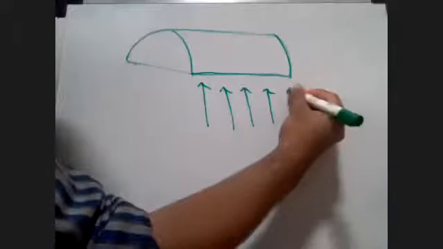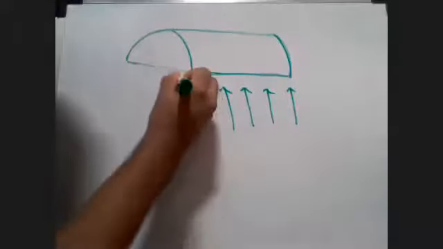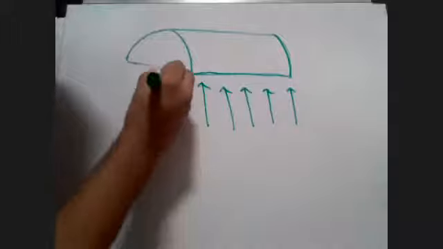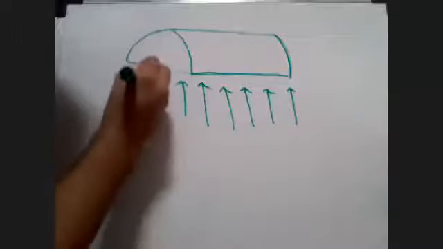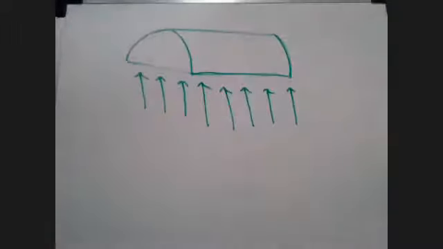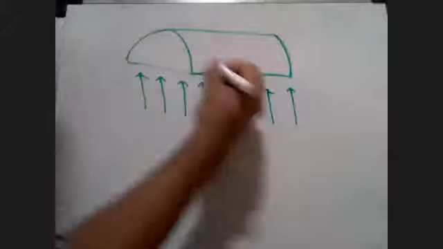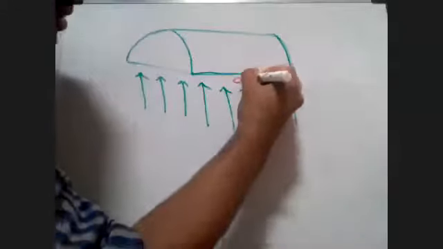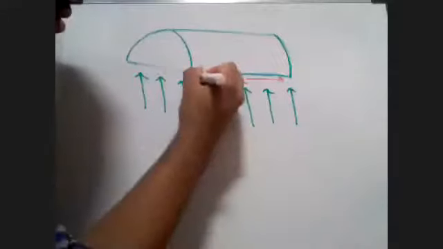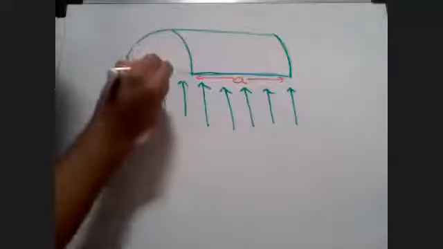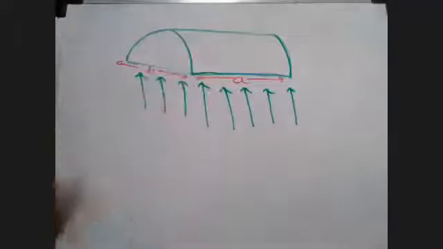First of all, you all tell me what type of surface this is. Is this a closed one or half open? Semi-cylinder. So open. You all know that this is an open surface. Okay, so let's say that this is A, and this is B.